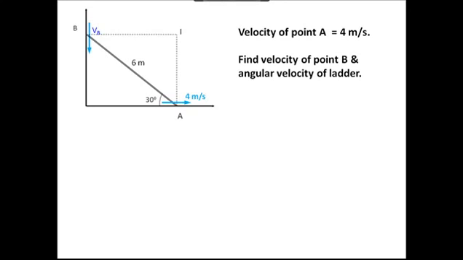Mind you, the instantaneous center, as I already mentioned, can be outside the body. That's not the issue. Now we have to settle the geometry for triangle IAB. It follows that the angles involved are 30, 60 and 90, as can be seen from the geometry.